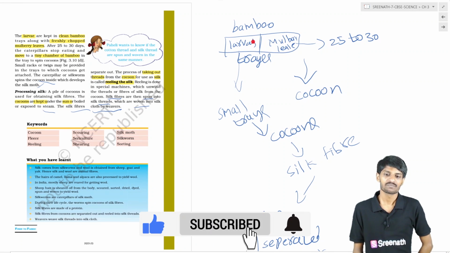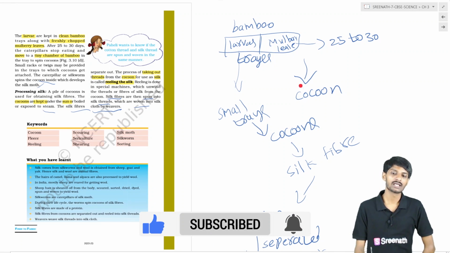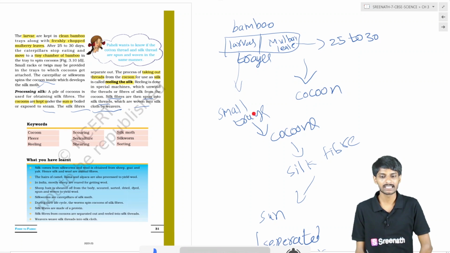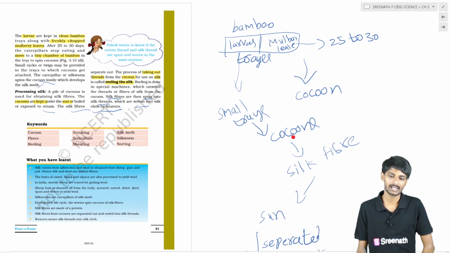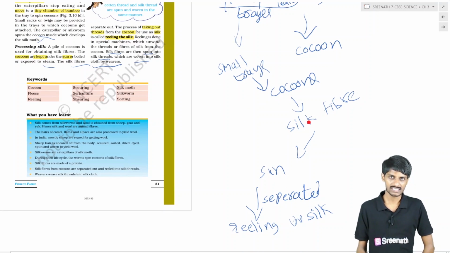After completing it, what happened? This larva will form cocoons, which means there are some trays, so it goes to the trays and forms cocoons in those trays, and these cocoons are nothing but the silk fiber. So the cocoon is taken out and exposed to sun.